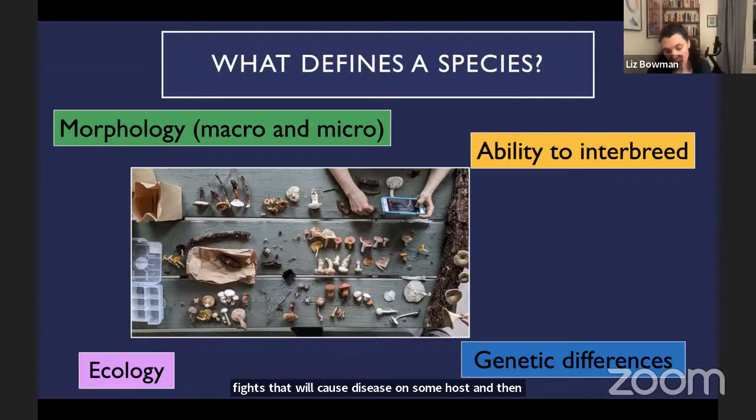So if you have species that, based on the ITS region, seem like the same species, but they have a different effect on the host, where one causes disease and one doesn't, which there are cases of, then they're probably different species. And then genetic differences. Using all of these tools at our disposal, we can figure out what a species is. But my favorite thing to consider is when does a new species arise over time? It's fun to think about.